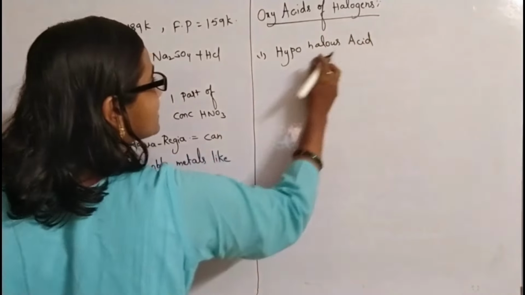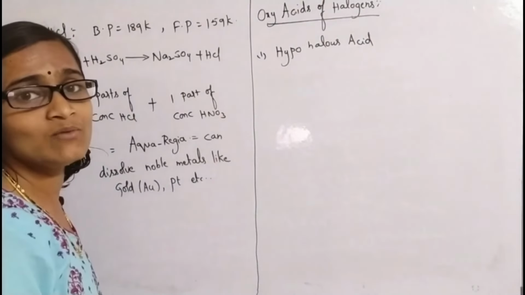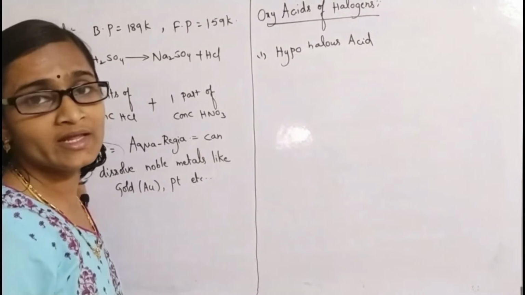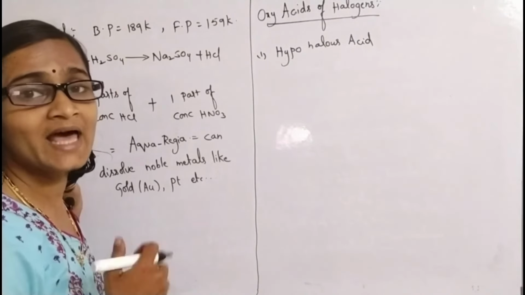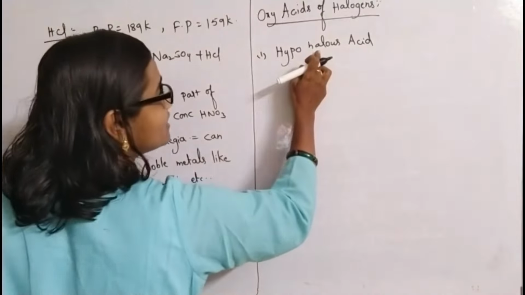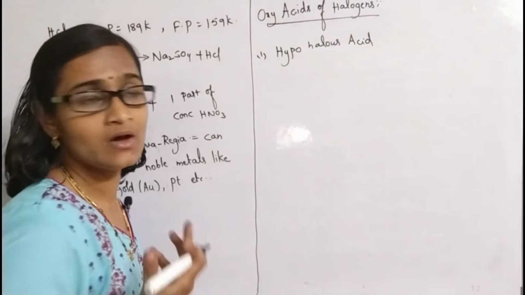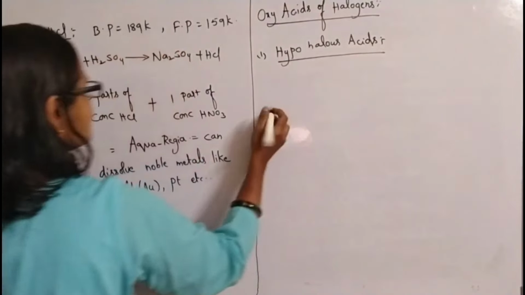Here, "hal" stands for a halogen like chlorine or bromine, as in hypochlorous acid. Halous is a general word I am using here.